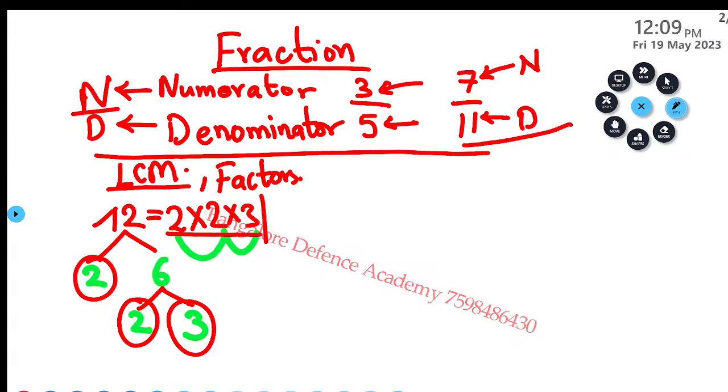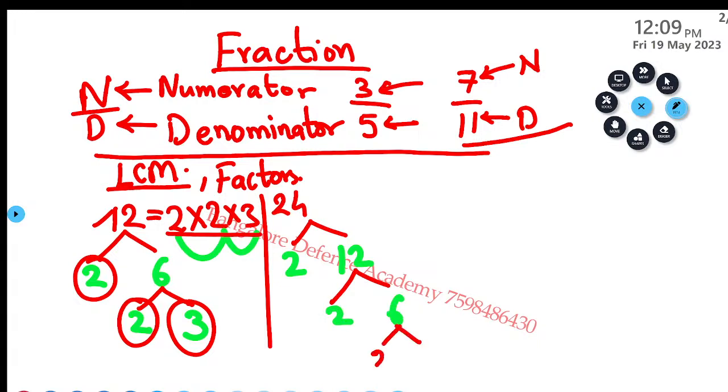Next, if I move ahead, imagine I take 24. 24 can be written as 2 into 12. Now again 12 can be written as 2 into 6. Again 6 can be written as 2 into 3, right?